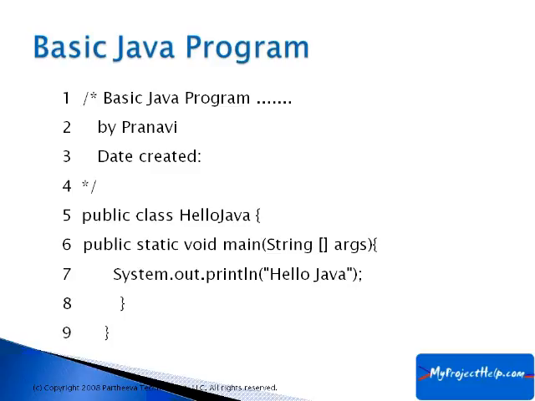What is a package here? Compared with C or C++, a package can be referred to as a directory and a class can be referred to as a file. In a directory we have different files; similarly, in a package we can have any number of classes.